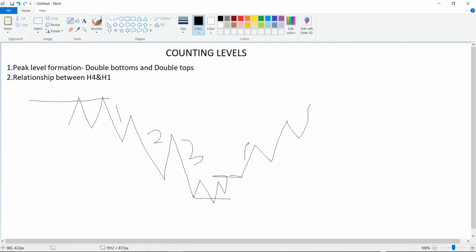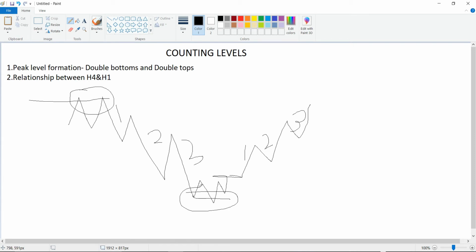This is your first level, second level, third level. Let's focus on this downtrend first, guys. This level 1 to 3 happens after a peak validation, that is a double top validation. Why does this uptrend happen after a double bottom validation? Do you understand what I'm trying to say?